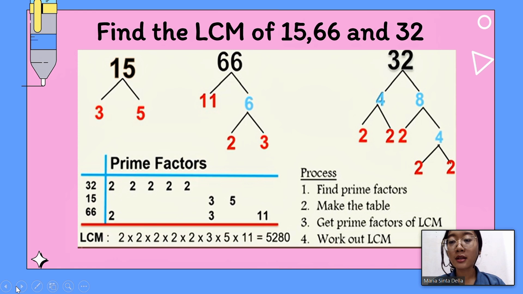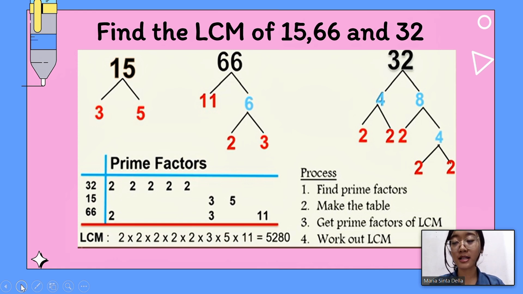Okay guys, find the LCM of 15, 66 and 32 using prime factorization.